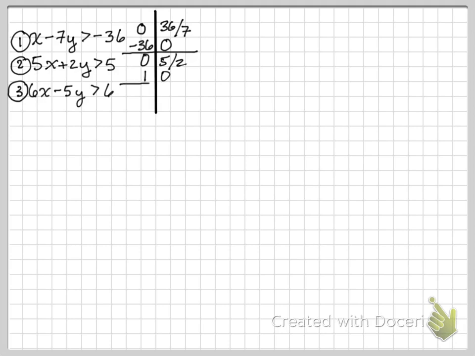And then moving on to the third inequality, x is 0, y is negative 6 over 5; y is 0, x is equal to 1. Then I'm going to want to graph each of these. So I'm going to go over here and set up an xy axis.